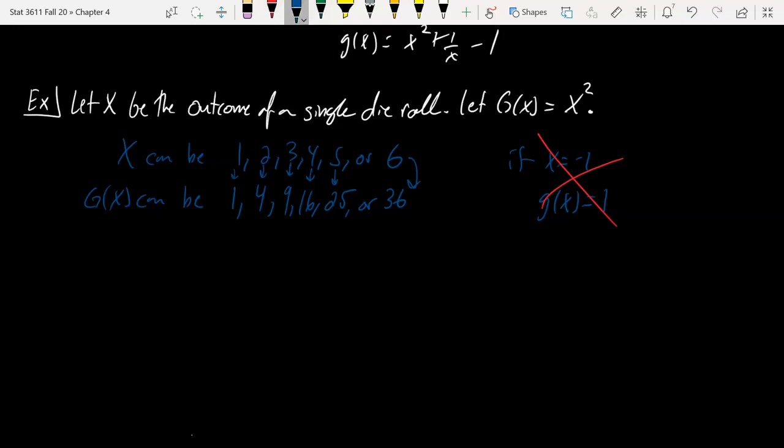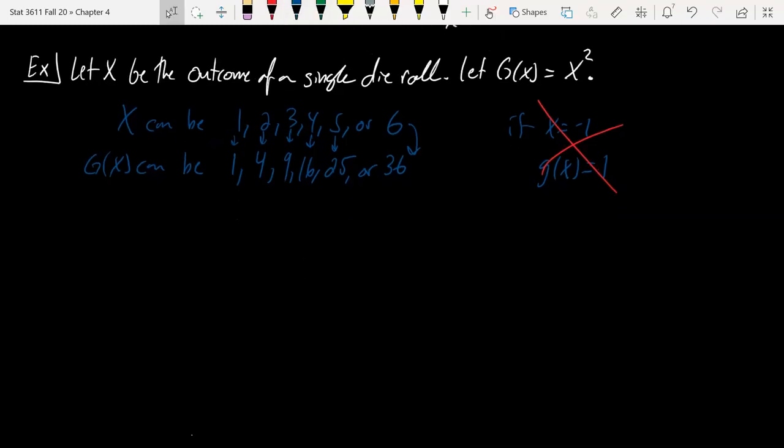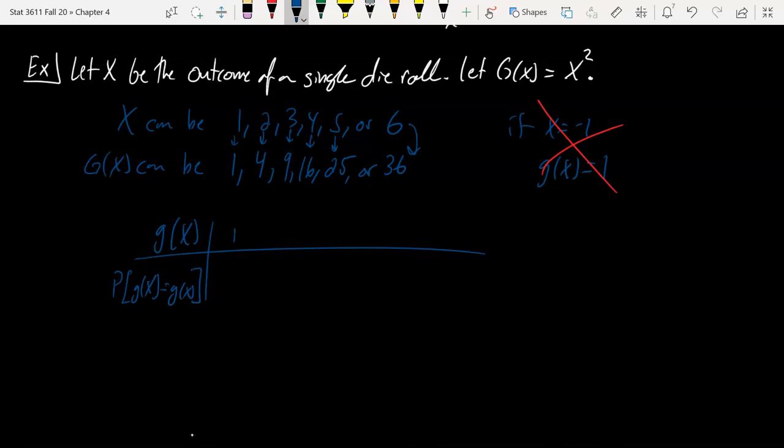So we can quickly make a probability table for g of x, the probability distribution for g of x. g of x is equal to 1 exactly when x is equal to 1, and the probability that x is equal to 1 is 1/6.